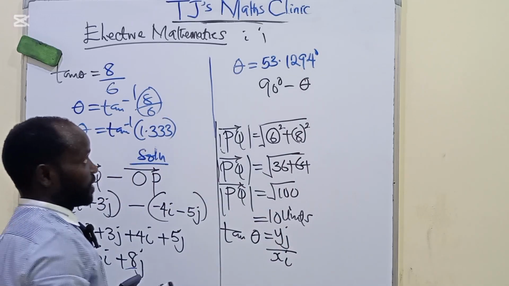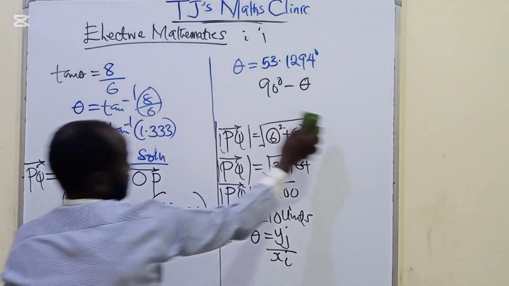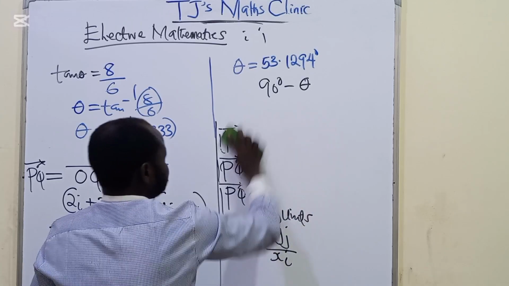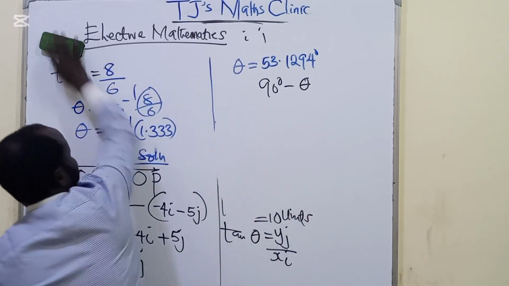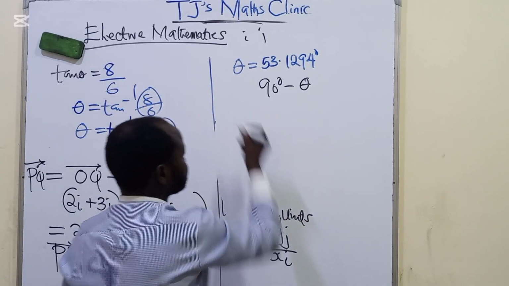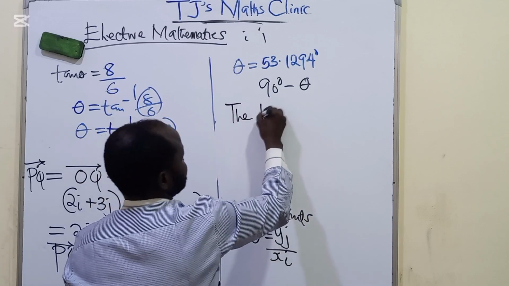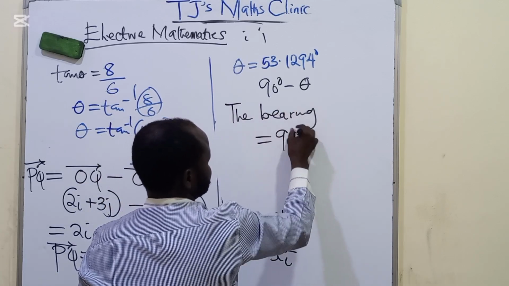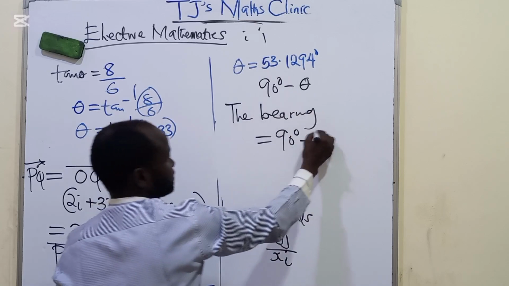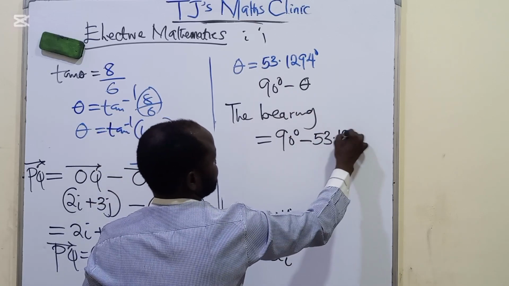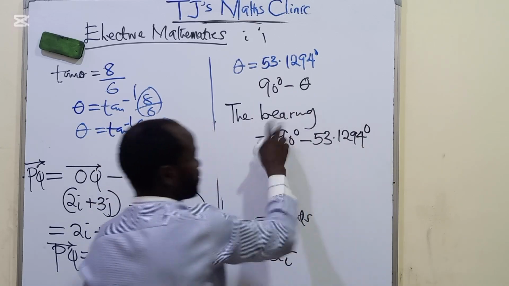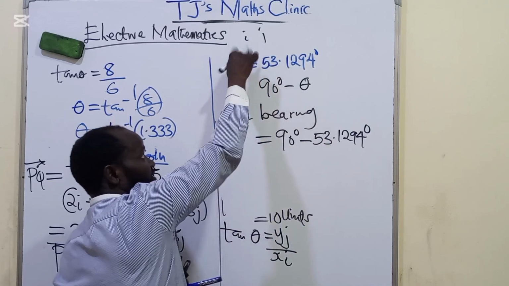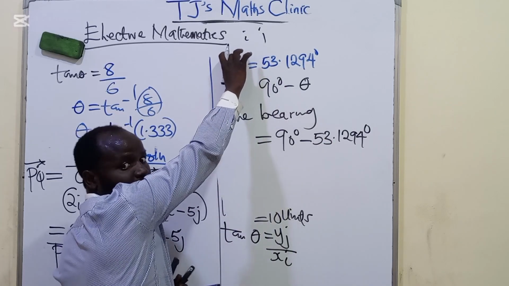And the angle in the formula in the first quadrant is nothing but 90 degrees minus theta. So to find the bearing, the bearing will be equal to 90 degrees minus this 53.1294 degrees. The reason why we are removing this is that this is now the angle.